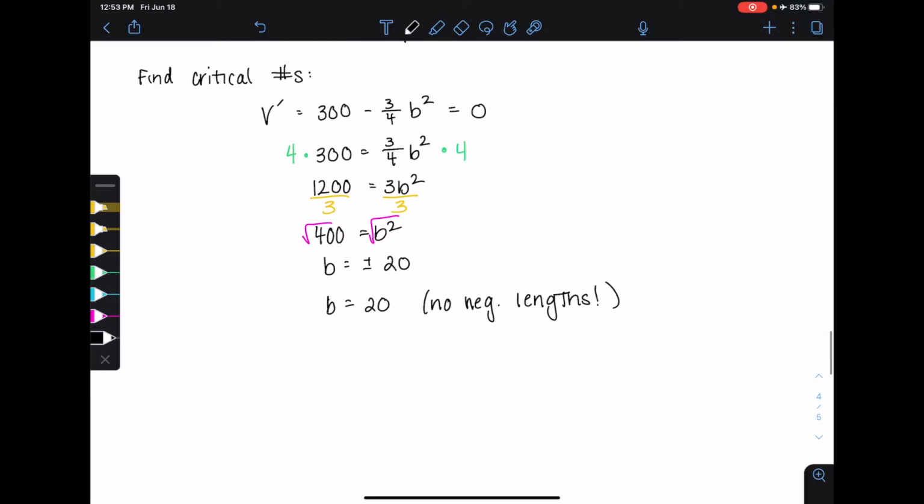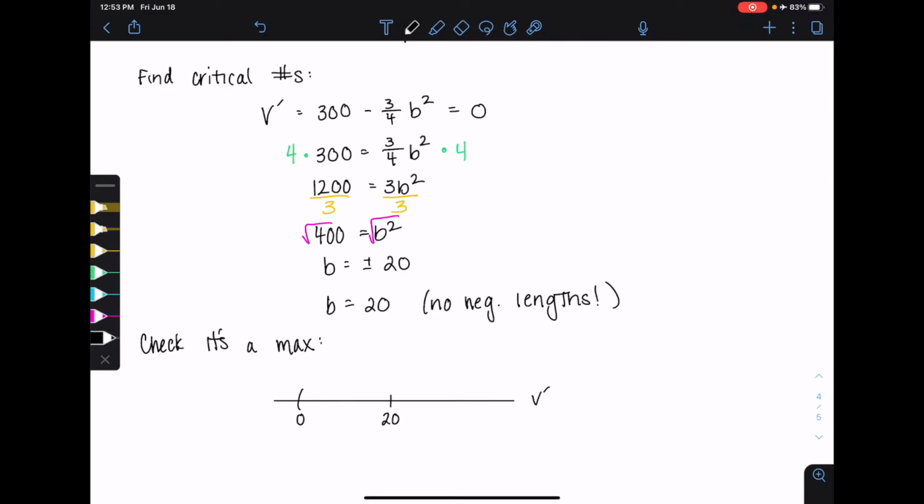So we have a single critical number. We want to go ahead and check it's a maximum. So we've got our number line, 20 is our only critical number. We're not going to have a length for a side that's negative.